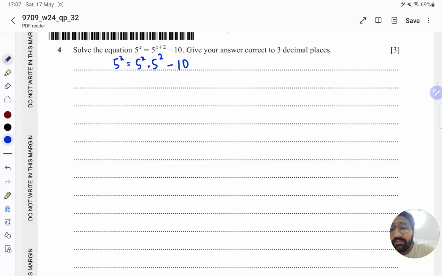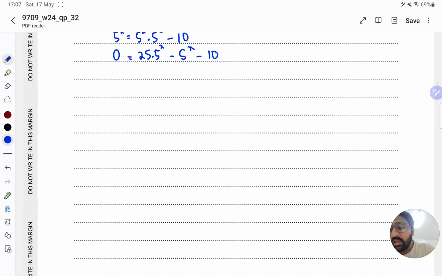So if I take everything on the left side, it will become 25 multiplied by 5 power x minus 5 power x minus 10, and it will be equal to 0. Now we have the like terms over here. These both are the like terms. The coefficients are 25 and 1. So 0 will be equal to 24 5 power x minus 10.